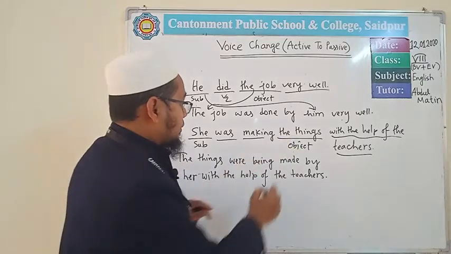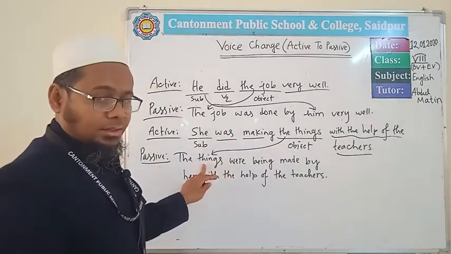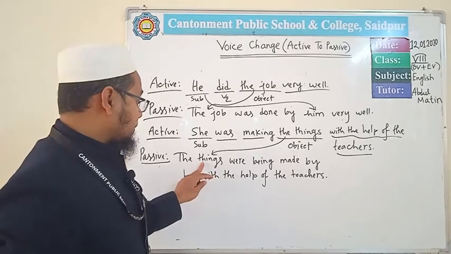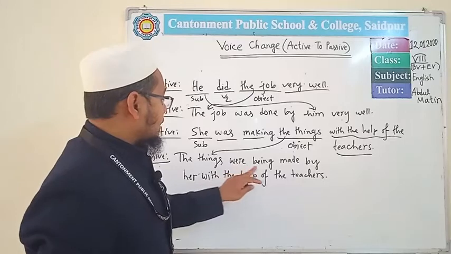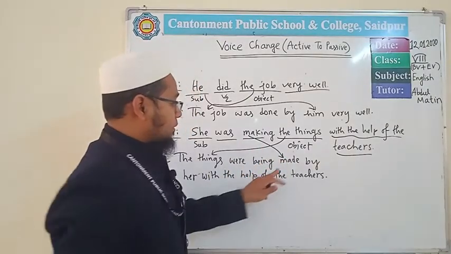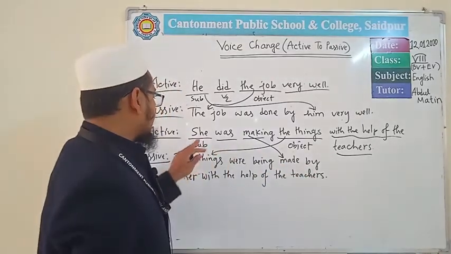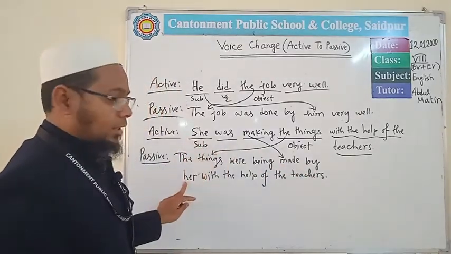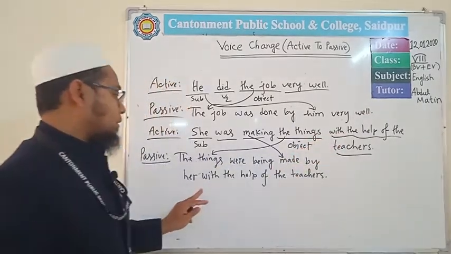First, the object, and then as the object is plural, then it will be here were, then being, then the past participle form of make, then it is made, then what is the objective form of she, her, by her, then the extension with the help of the teachers.